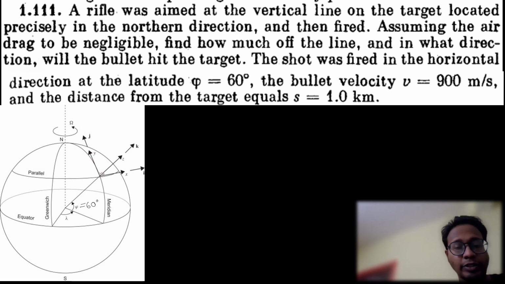So velocity will be in this direction, and the magnitude of velocity is 900 meter per second. So Vy is equal to 900 meter per second. Now at 1 kilometer from the target, that means in this range, 1 kilometer from here. So this is 1 kilometer.